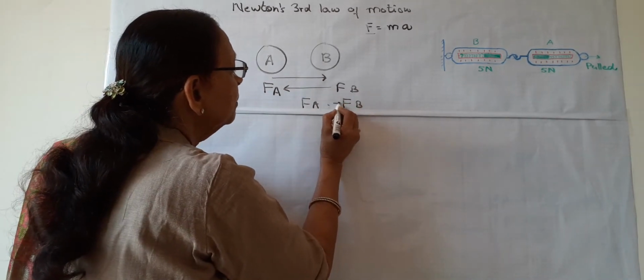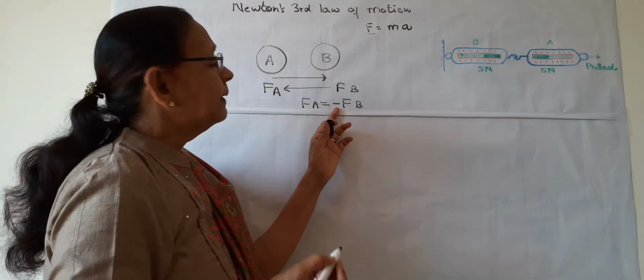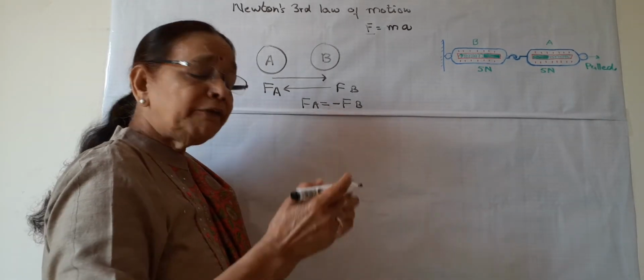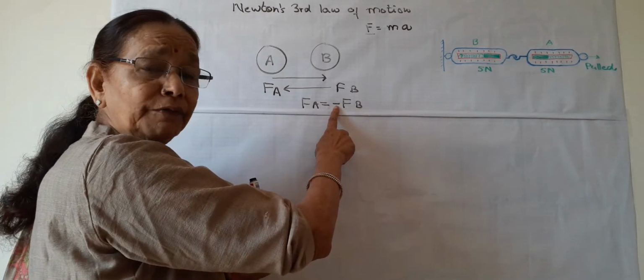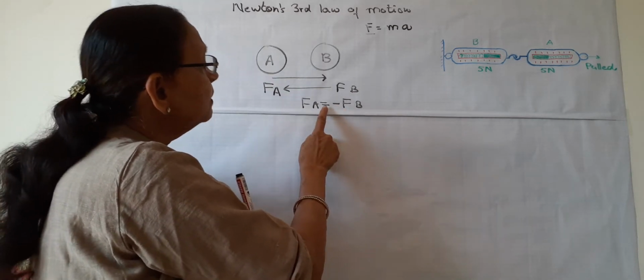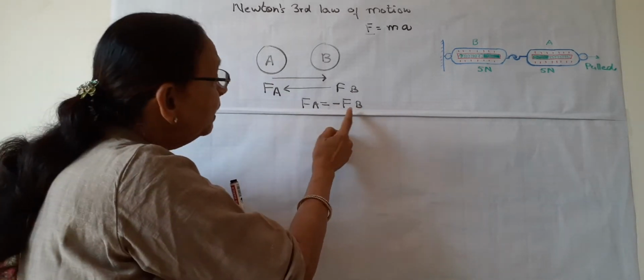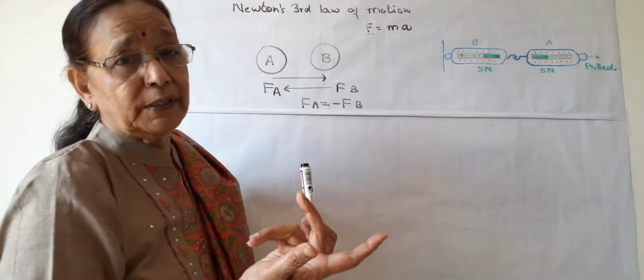So the direction of this force will be in this direction, and we write it as negative. When we write in the opposite direction, we write the sign of negative, minus. So Fa is equal to Fb, but the directions of both are opposite to each other.